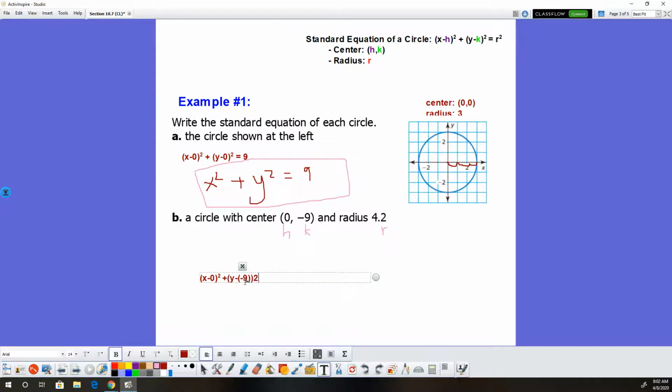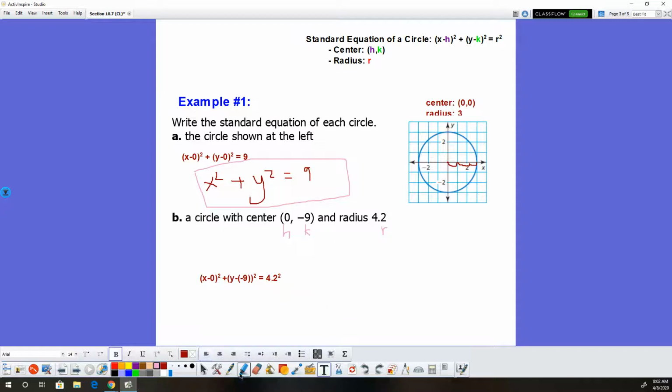And that's going to be squared as well. And that's going to equal my r squared. So 4.2, and then I'm going to square it.